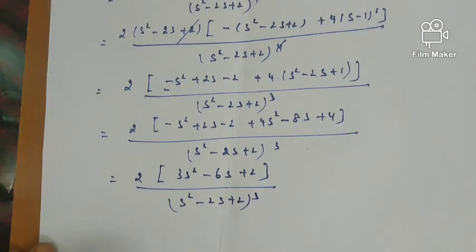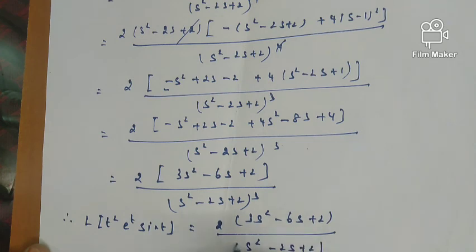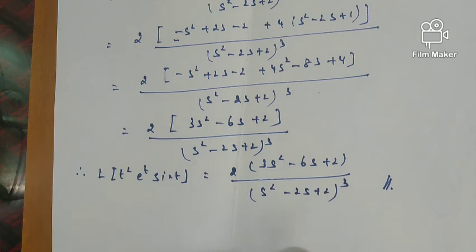Okay, therefore what is our left hand side? Left hand side is L of t square e power t sin t. The answer is 2 into (3s square minus 6s plus 2) divided by (s square minus 2s plus 2) whole power 3. Okay, so this is the answer for the third question.